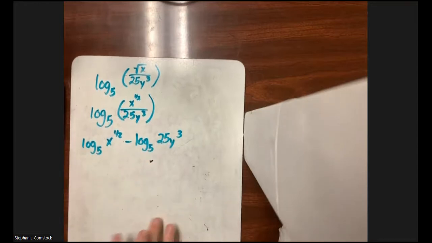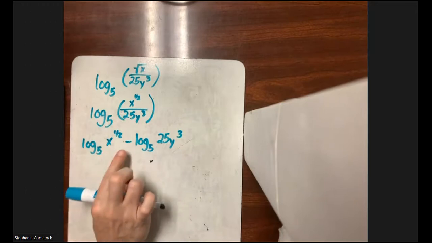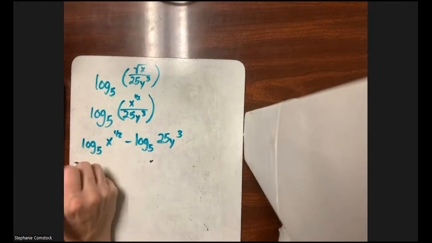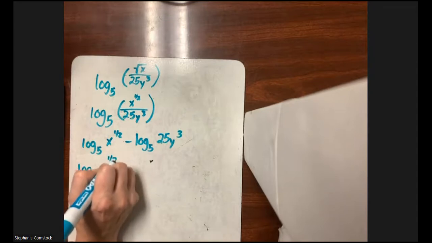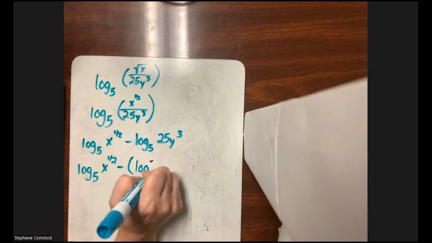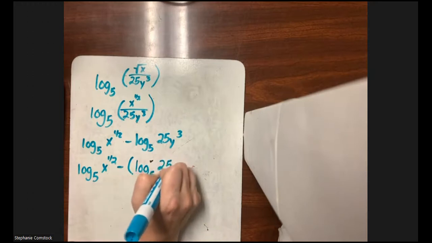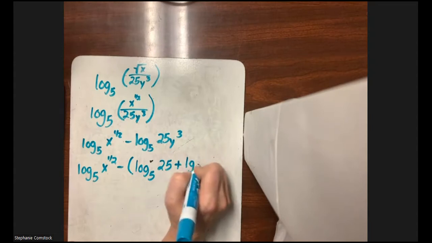I don't have any other fraction things inside of logs. Next thing I'm going to look for is product. So I'm looking for multiplication stuff. Okay, I've got a multiplication. Now, I do need to be careful though because I have this subtraction. So the way that we handle this is I'm going to do a large set of parentheses, and then I'm going to show where I do my addition from a product.